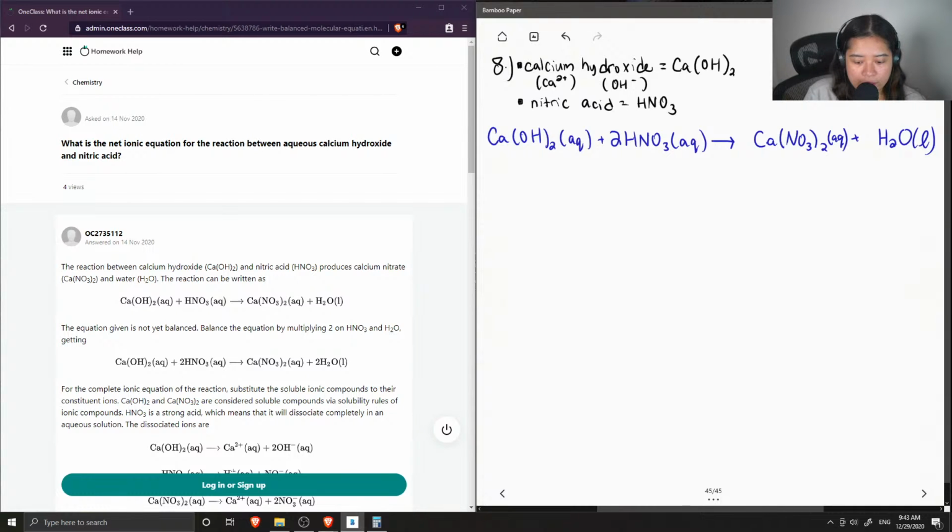So I'm going to put a coefficient of 2 in front of water. And now everything should be balanced. We have 6 plus 4, 10 oxygens on both sides, 6 plus 4, or 10 plus 2, so 12. Yep.